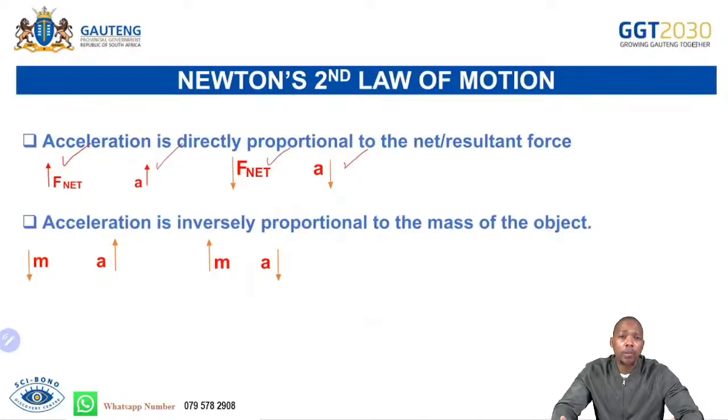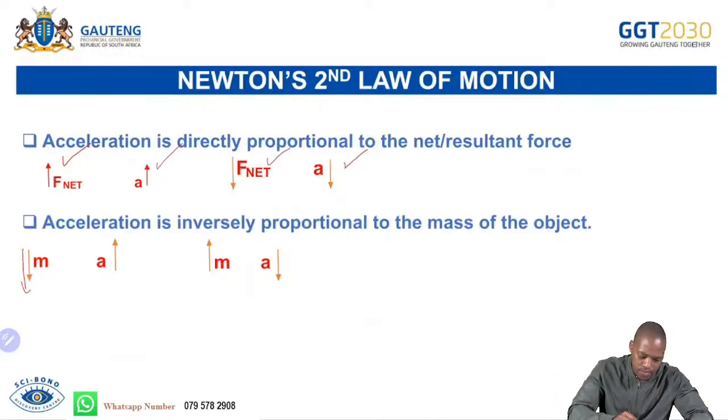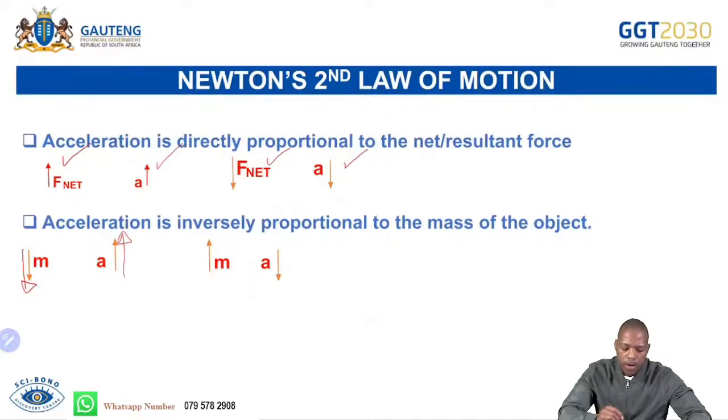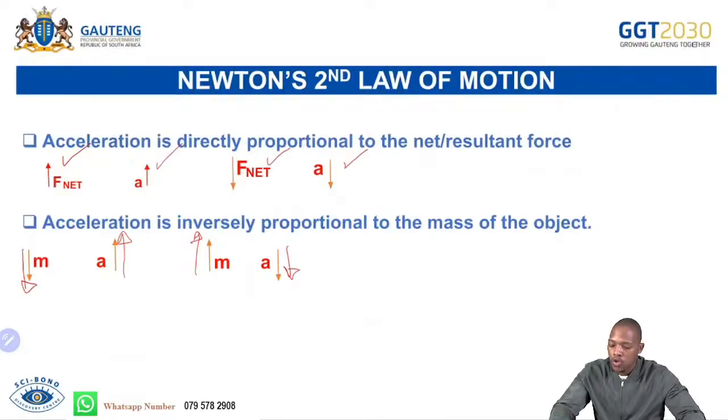If I kick a ball that is 5 kilograms, it's going to be difficult for it to cover a distance. Its acceleration will be small because of its mass. So if I have smaller mass, I will have greater acceleration, but if I have greater mass, I will have smaller acceleration. That's what this relationship is saying in a nutshell.